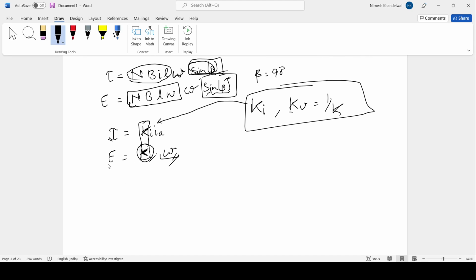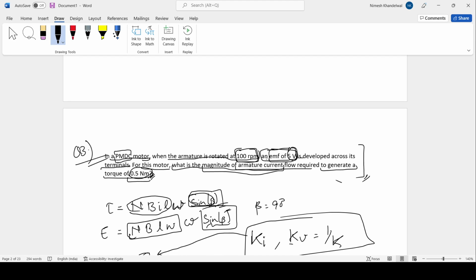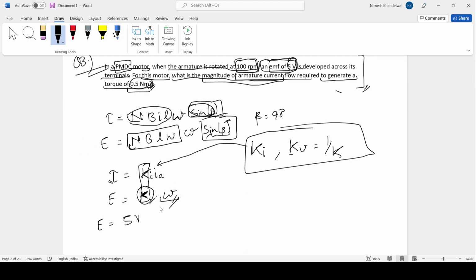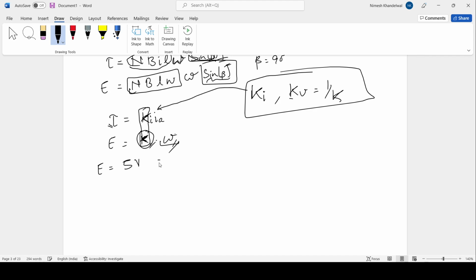So in our case, what have we been given? We have been given an EMF of 5 volt and we have omega of 100 RPM. So 5 is K times 100. But this should be in radian per second, because this K and K both are in SI units.